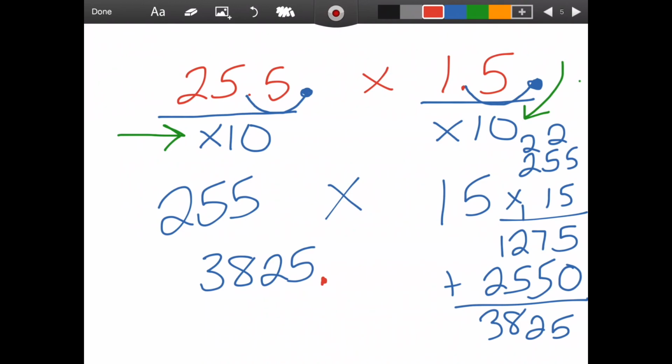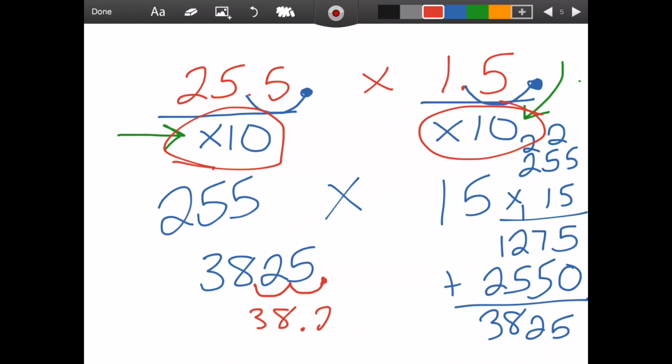And remember, when I divide by 100, that's the same as dividing by 10 twice. So I'm dividing by 10 because I did this, and I'm dividing by 10 again because I did this. The way I'm going to show that is I'm going to move my decimal back 1, 2 times, and I will get 38 and 25 hundredths.